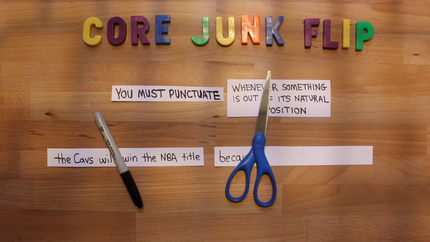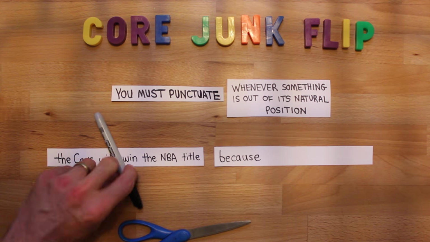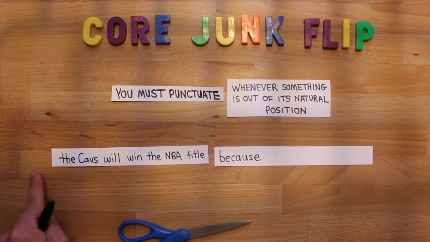So press pause on the video and go get those things. And I want you to cut out a piece of paper like this and write, "The Cavs will win the NBA title," and then because, and then I want you to finish out that phrase. Don't put a period or any capital letters because you're going to move stuff around. Don't put any commas. There's no commas when stuff is in its natural order. So press pause and get that stuff.